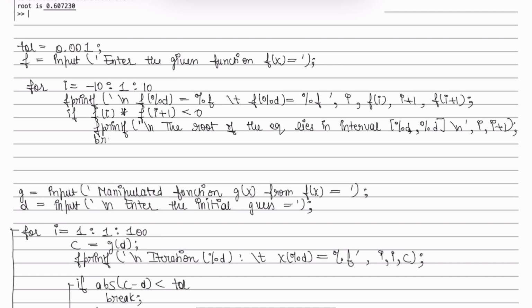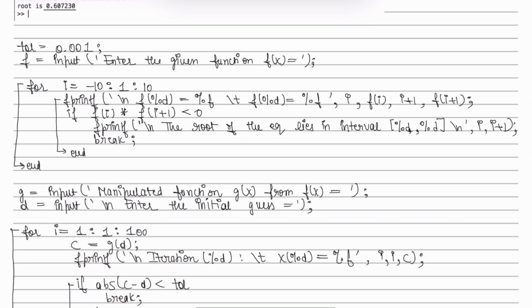Then we will break this loop, otherwise we will perform these lines of code for the next value of I.